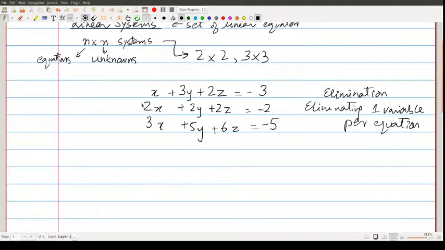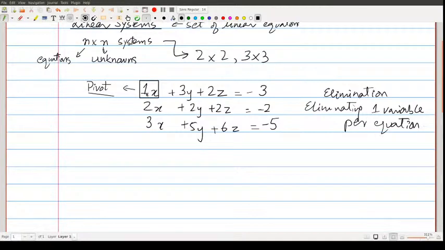We start off by first looking at the first row and we see that it has all three variables: x, y, and z. I'm going to look at the first coefficient and notice that there's no coefficient written, which of course means that the coefficient is 1, and that I'm going to call my first pivot.